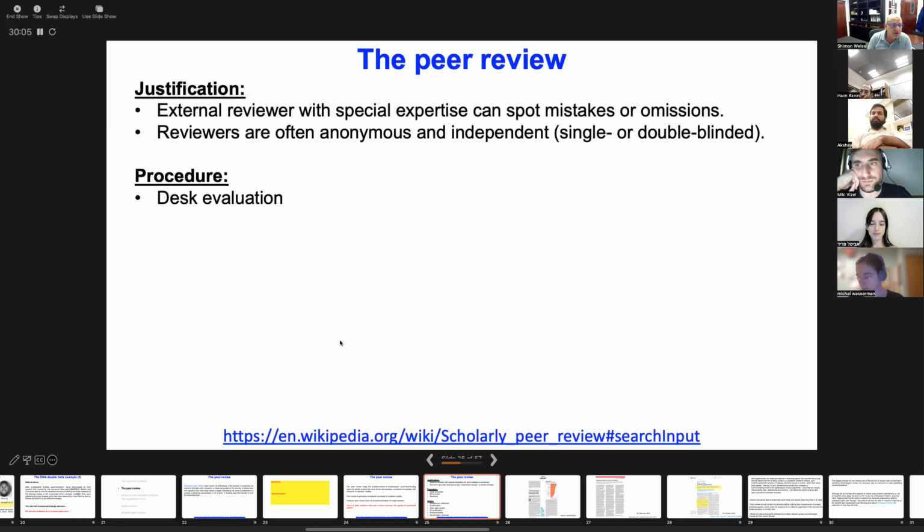What is the procedure? If you send a paper for publication, you first send it to the editorial board of the journal you're interested in, and it undergoes what is called desk evaluation. The editor is quickly looking just at the title and abstract and decides if this is of interest to the journal or not.